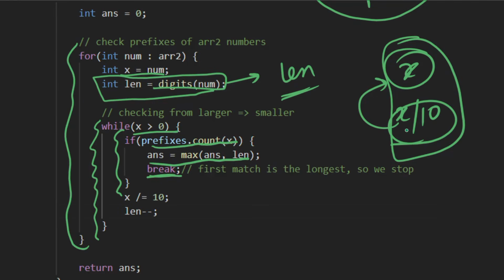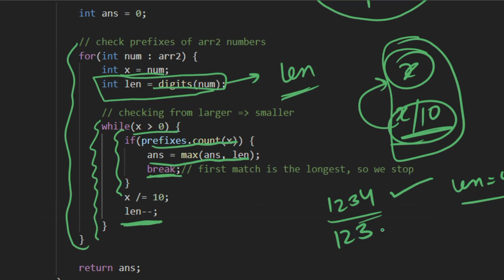Every time we do x / 10, every time we remove the last digit, we also reduce the length by 1. Suppose we have to check 1 2 3 4. First we check whether 1 2 3 4 is present, and here the length variable is storing 4. If it is not present, then we divide it by 10, so we get 1 2 3, and then we reduce length to 3.